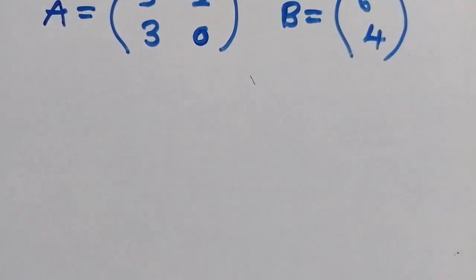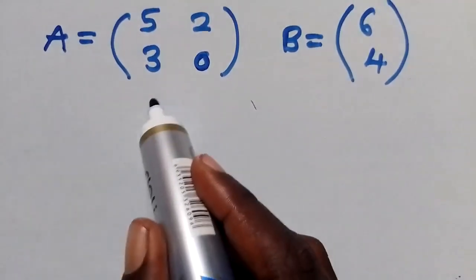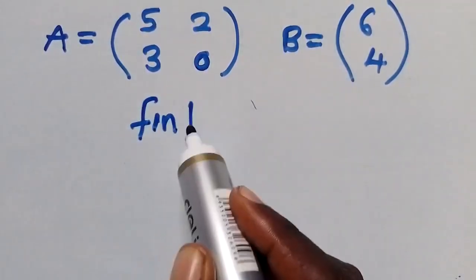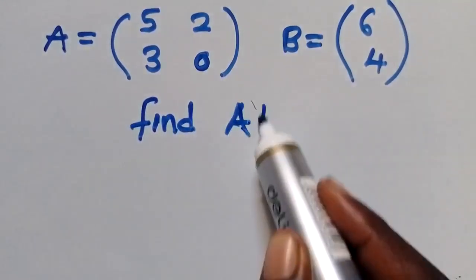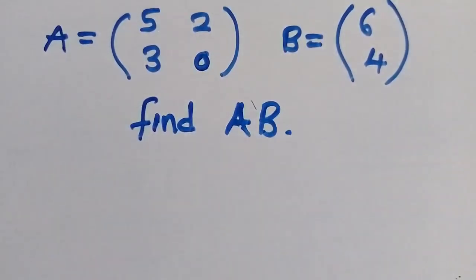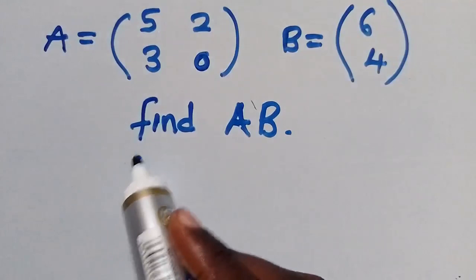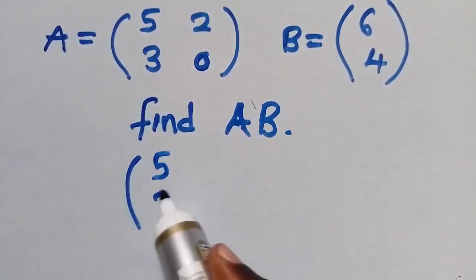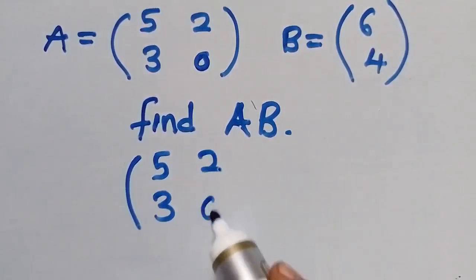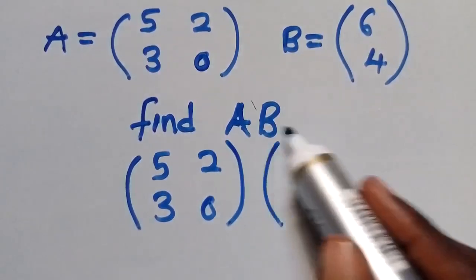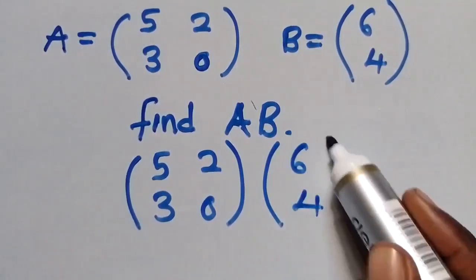Then you are told to find AB. How can you work out this? You write your A, 5, 3, 2, 0, multiplying it with B, 6, 4.